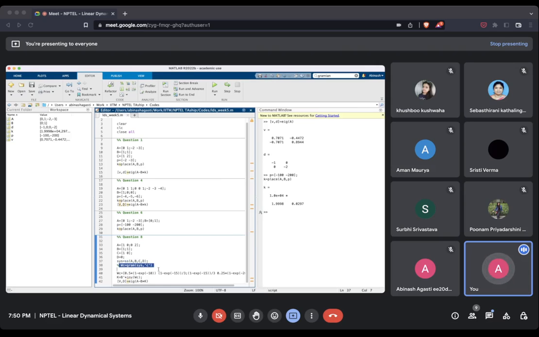Then there is the controllability Gramian function, gram, which can find the Gramian, but our system is not stable, so MATLAB won't be able to do it. That is why we had to do it manually. Then after finding it, we put in K equal to B transpose times the inverse of Wc. Then I want to see what the eigenvalues of my A minus BK matrix are, which is what I needed to find out.